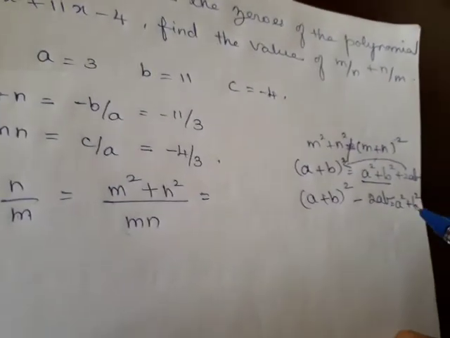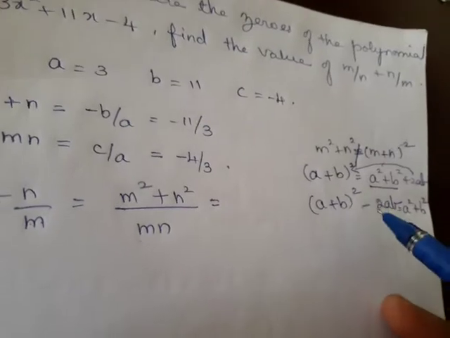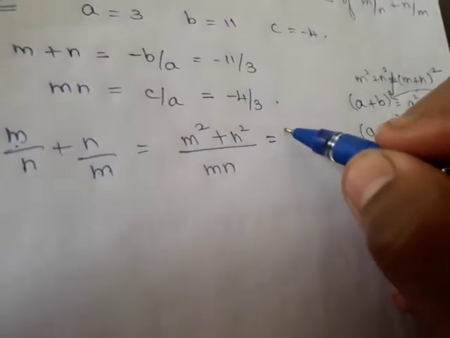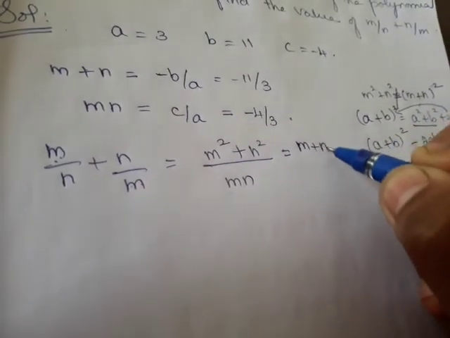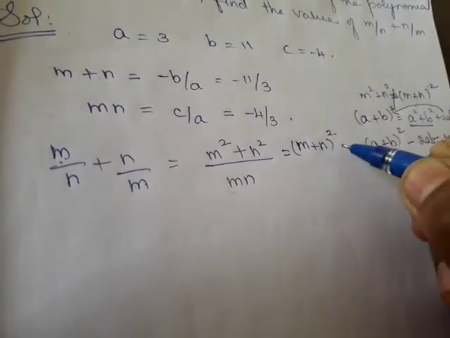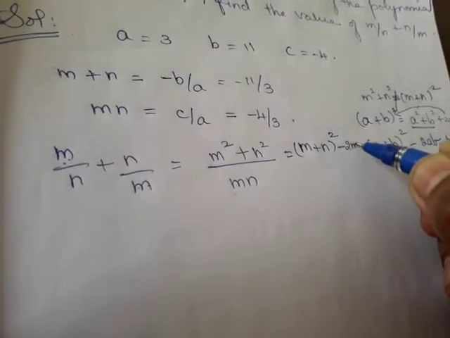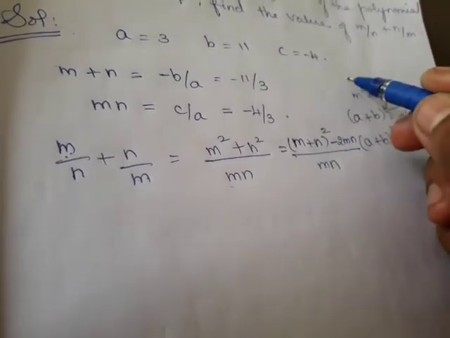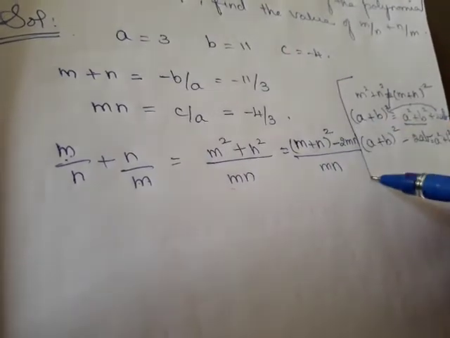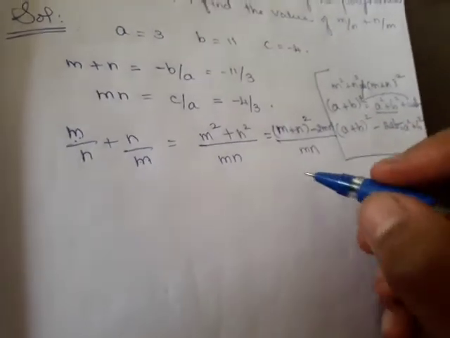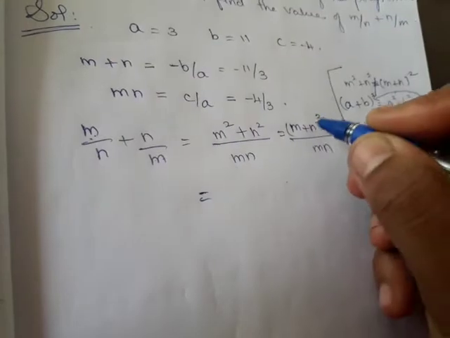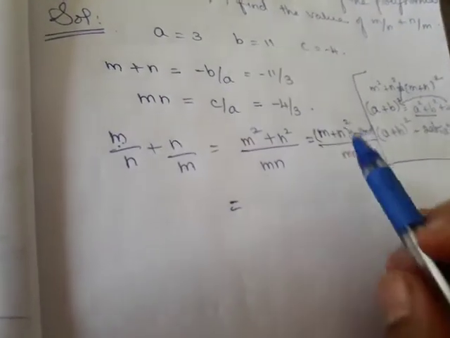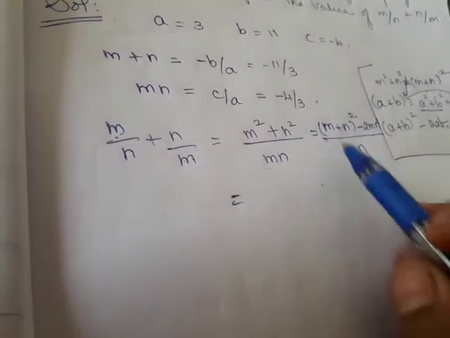So a square plus b square I can write as a plus b the whole square minus 2ab. So m square plus n square I can write as m plus n the whole square minus 2mn, divided by mn, right? Now m plus n value we have, mn value we have.